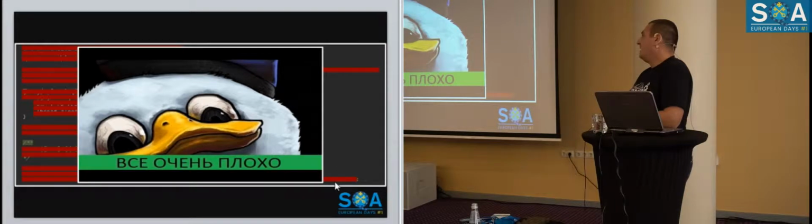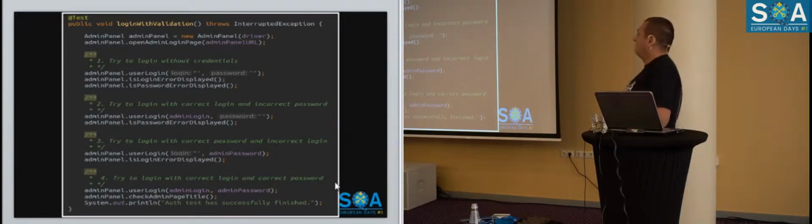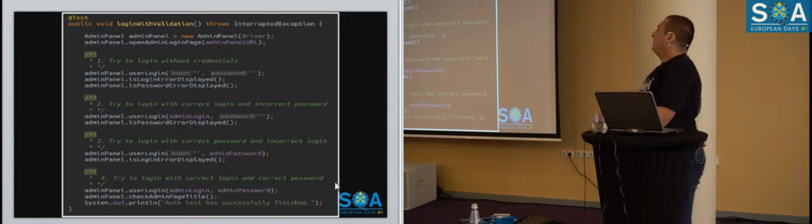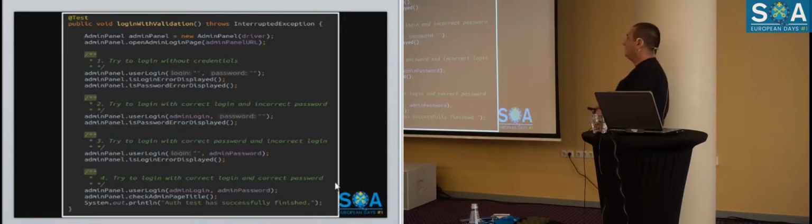As I mentioned, I recommend using page objects, because with them tests can look like this. They are not ideal, they can be simpler and better, but at least looking at the names, you can check that login with validation of credentials is checked.